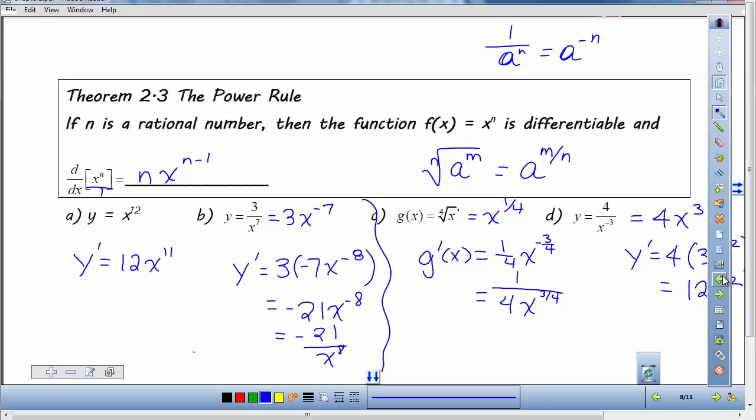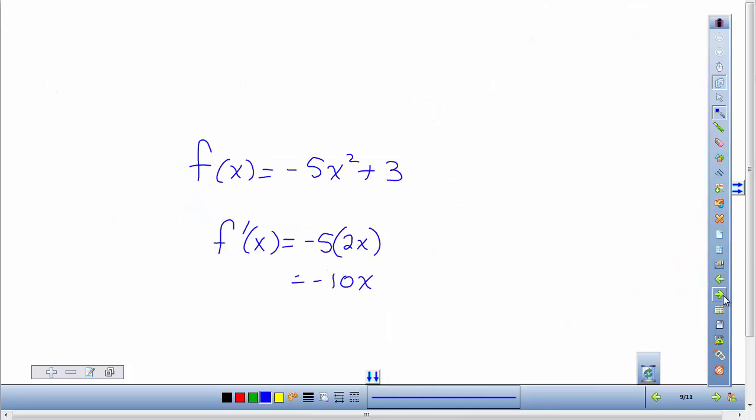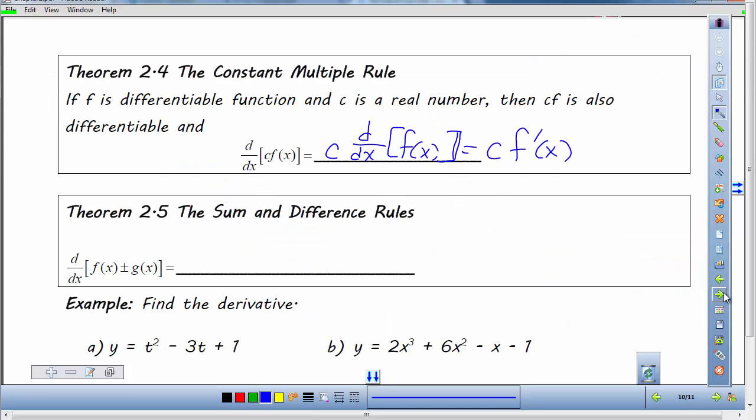Let's say we were looking at this one. We had y equals 3x raised to the minus 7. All right. Then the derivative rule here says I can just bring that constant out front. Right? He just kind of goes along for the ride. He's a constant multiple.